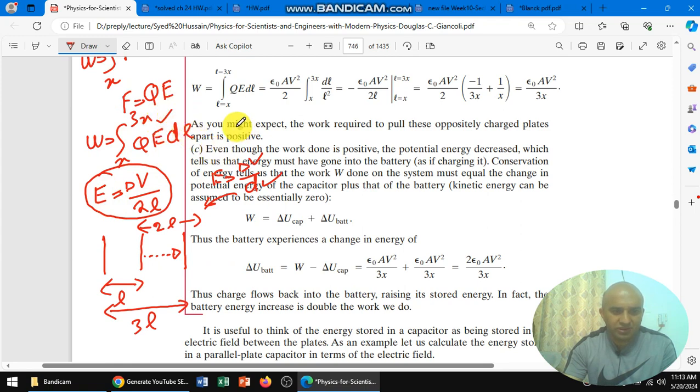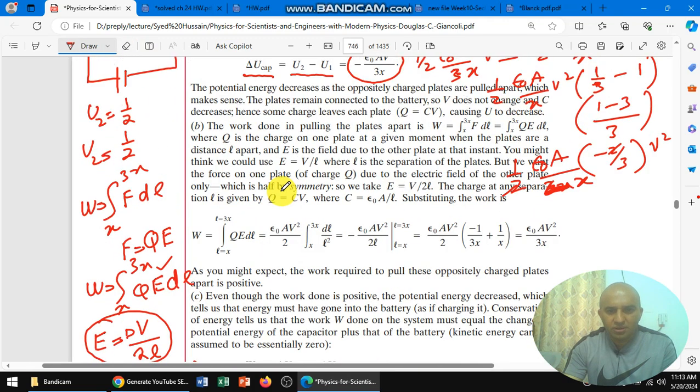Now we modify this equation. We write E is equal to V over 2L, and F is equal to QE.